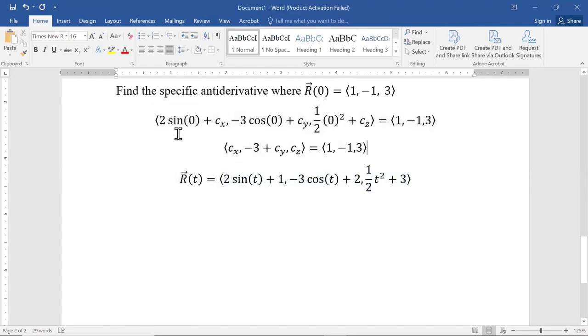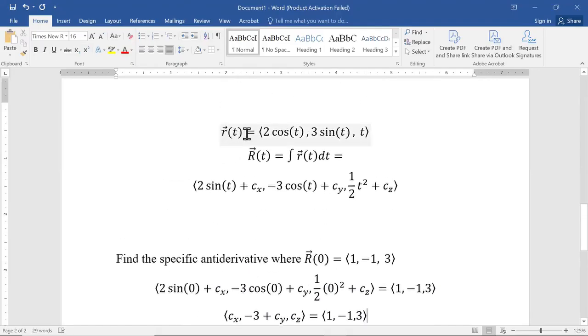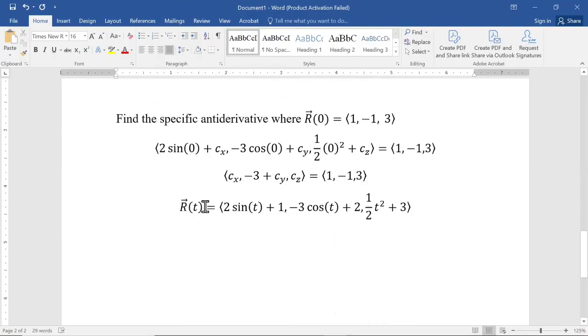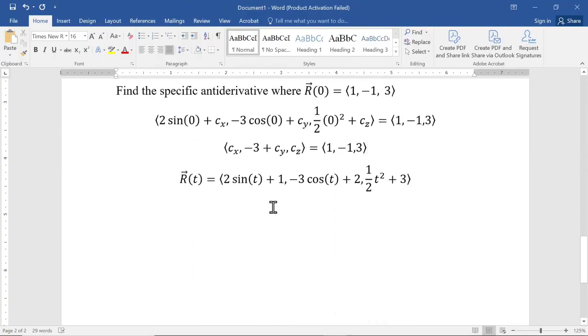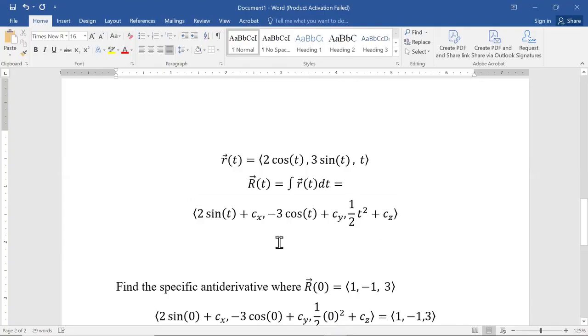So that would be my vector valued function that has r of t as the derivative and which goes through 1, negative 1, 3 when t is 0.